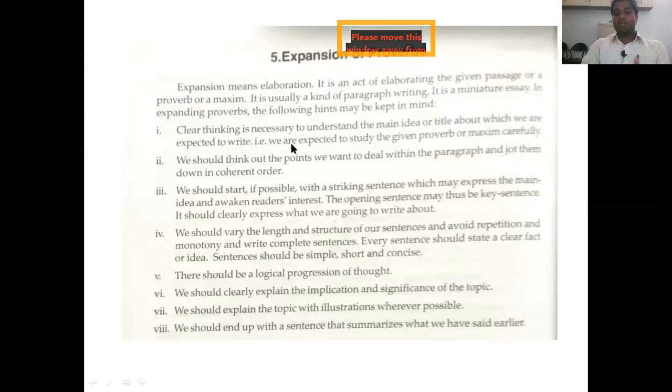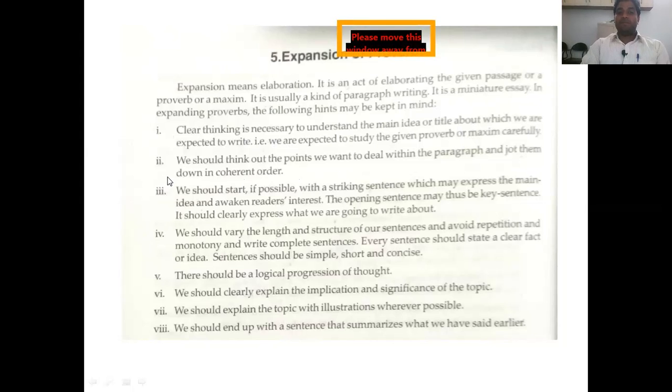The following important points are to be kept in mind to expand a proverb. First one, clear thinking is necessary to understand the main idea or title about which we are expected to write. That is, we are expected to study the given passage or proverb or maxim carefully.